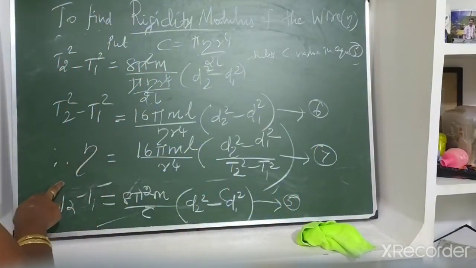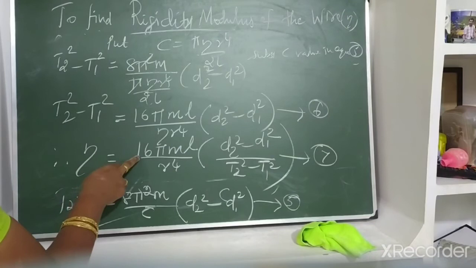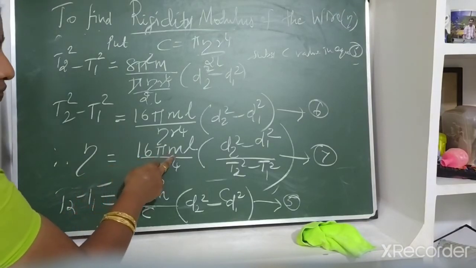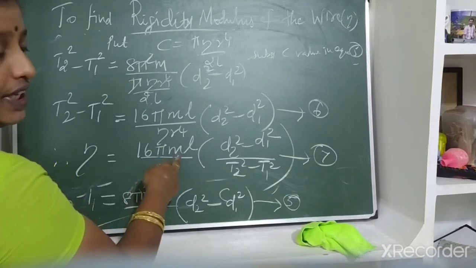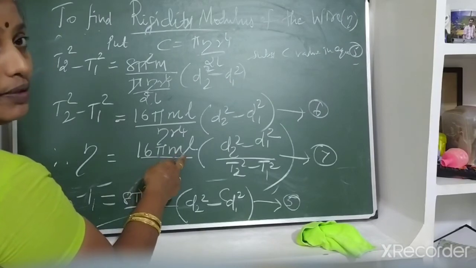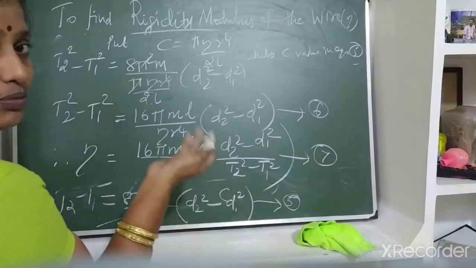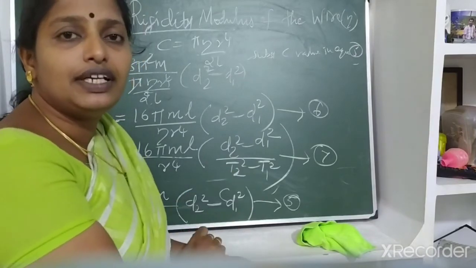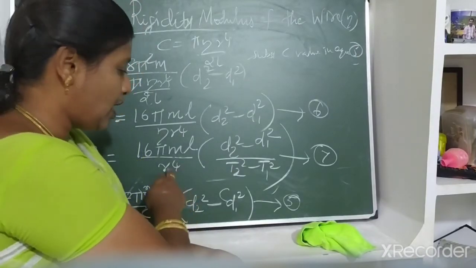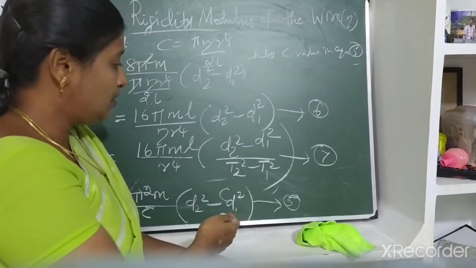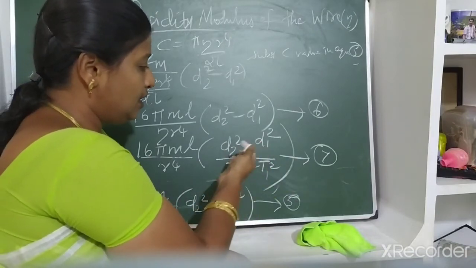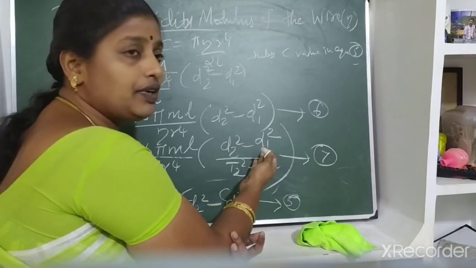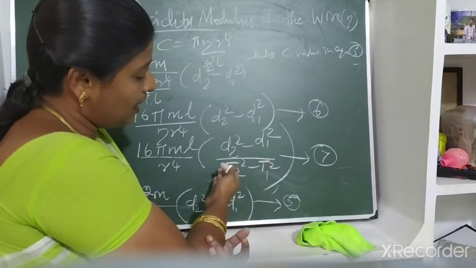Okay. So your question says to find the rigidity modulus of the given wire, equal to 16 pi, 3.14, m, the applied mass, 50 grams or 100 grams, into 10 power minus 3 kg, L 80 cm, 70 cm, 90 cm, 100 cm into 10 power minus 2 meter, divided by r, the radius of the wire, and d2, d1, for example d2 given 5.8 cm into 10 power minus 2 whole square minus 2.5 into 10 power minus 2 whole square, divided by T2 squared.